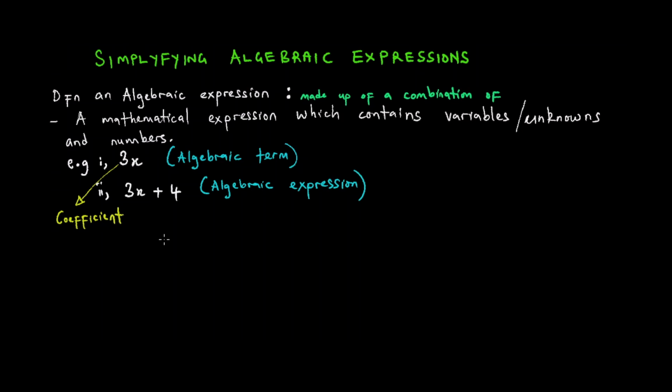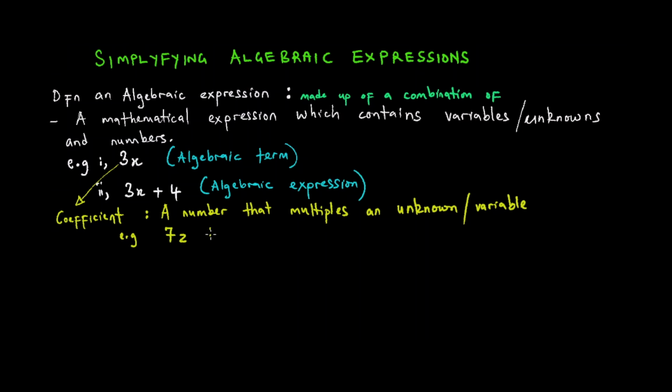So when we say coefficient, we are talking about a number that multiplies an unknown, or variable. An example here would be 7z, where 7 is the coefficient of z.